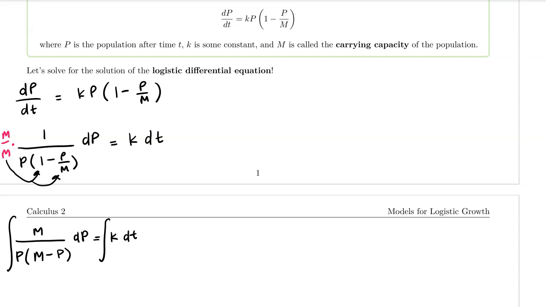So if you recognize from a previous section, we need to integrate the left-hand side using partial fraction decomposition.